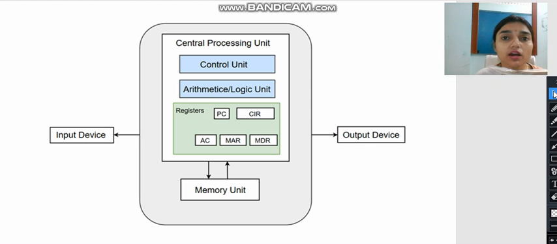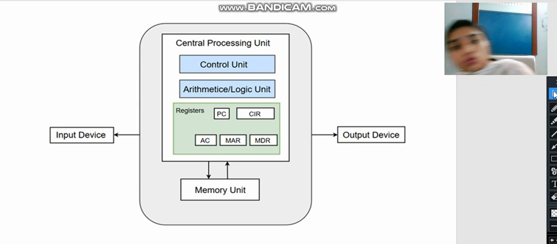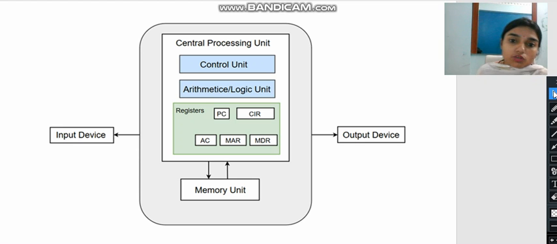There are registers which are used to store the intermediate data, or you can say the immediate data on which the operations are going on. There is a memory which is used to store data, and the data are taken to the central processing unit, or from the central processing unit to the memory. This takes place using the memory.